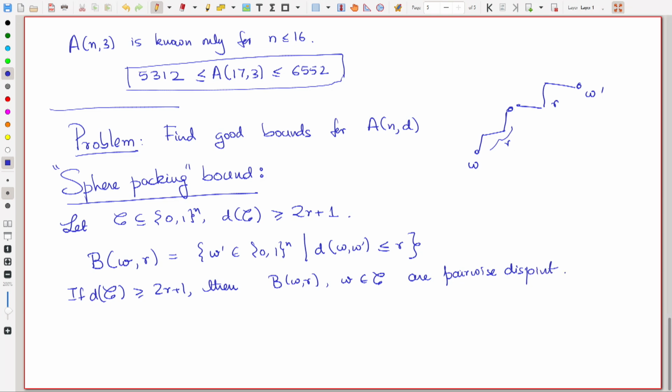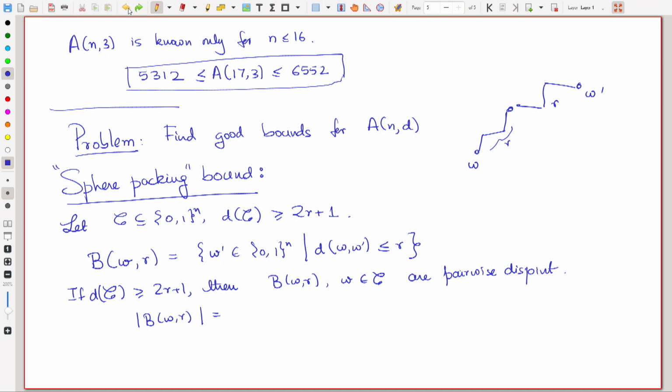So now we get a very easy thing, right. So we have so many balls, how many points in B(w, r)? Just 2 to the power r, right. No, sorry, not 2 to the power r, what is it?